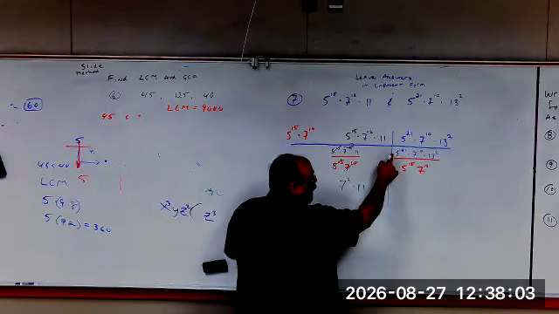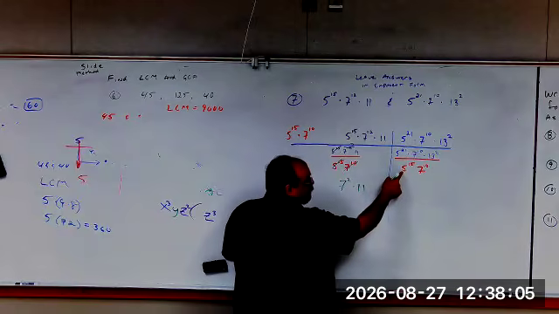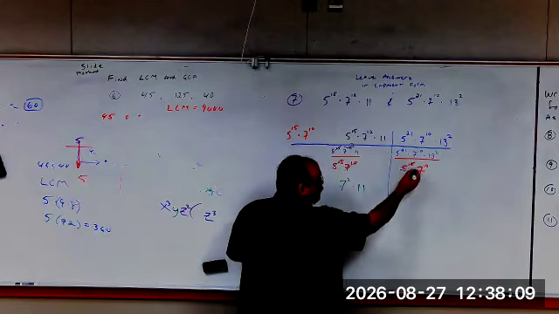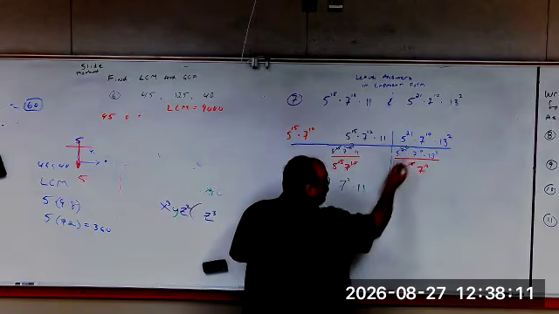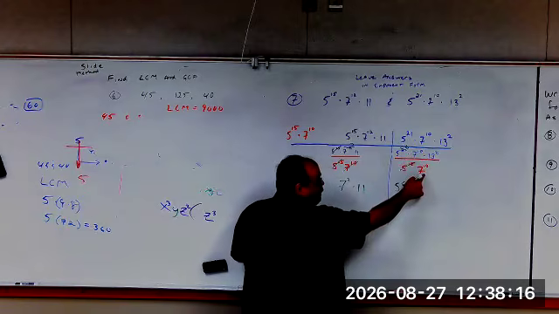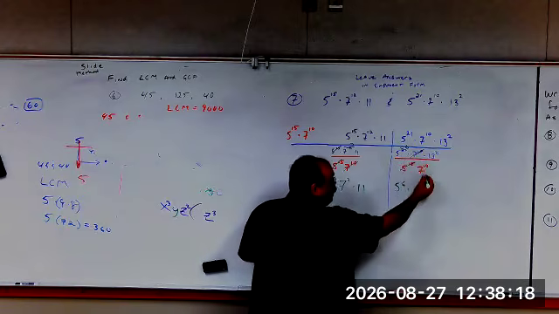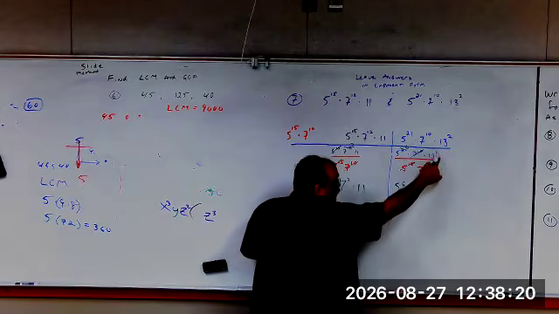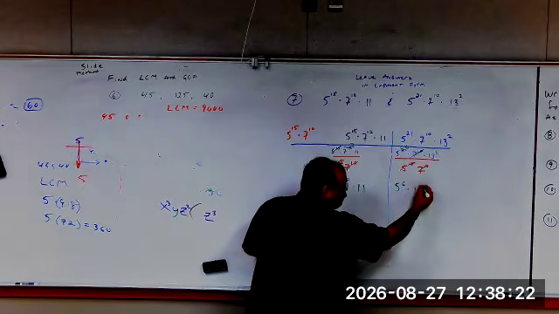Over here, 5 to the 21st divided by 5 to the 15th, so I'm going to be left with 5 to the 6th. So 5 to the 6th times 7 to the 10th divided by 7 to the 10th reduces completely. That's a 1. And then 13 squared does not reduce at all. 13 squared.